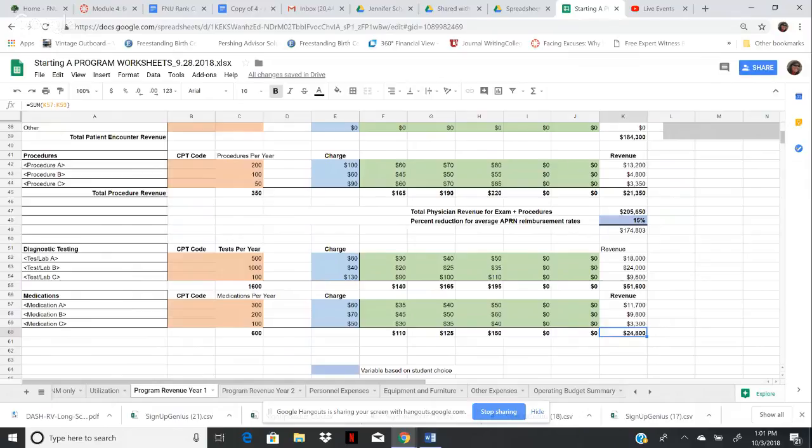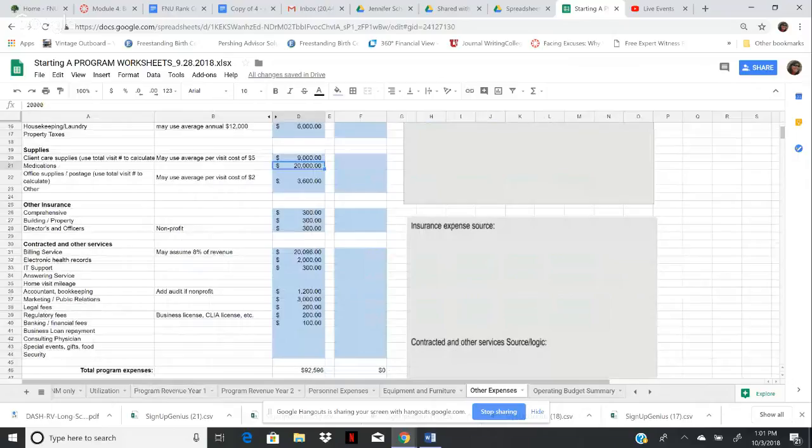And actually, you would do this research even before you populate your revenue for the medications. You would find out what it costs for you to purchase these medications, because you're not going to want to lose money on medications. But anyway, we would expect that your expense for the medications would be less than the revenue for your medications, so that you're not losing money on the medications that you're purchasing.